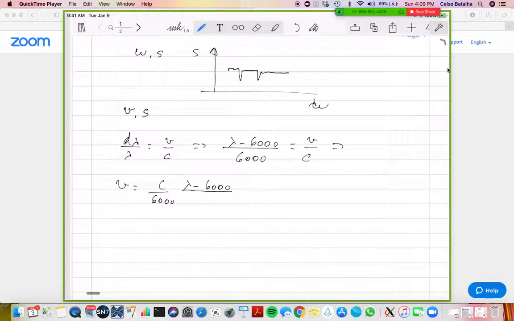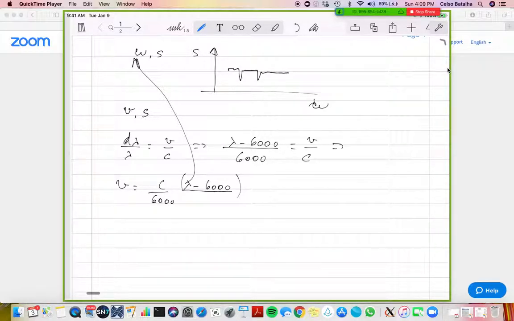So basically, your new velocity scale would be given by this quantity here, and lambda is your wavelength scale, if that makes sense.